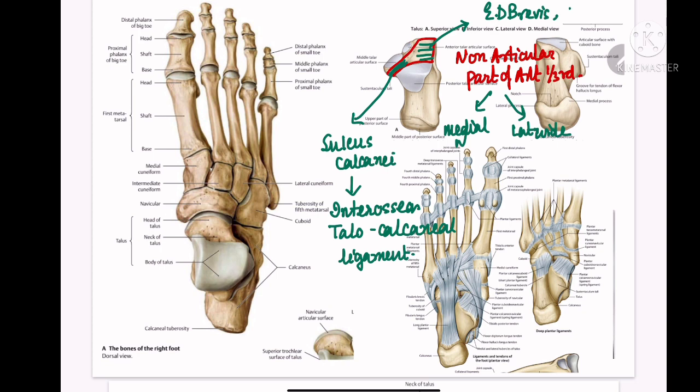These three things: extensor digitorum brevis, inferior extensor retinaculum and stem of bifurcate ligament.